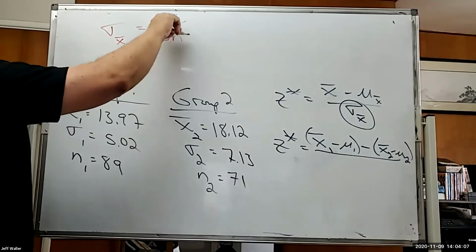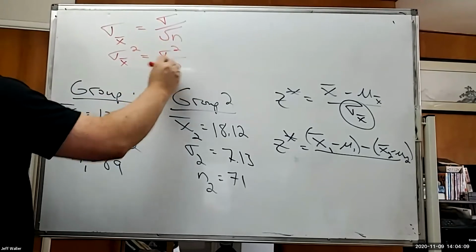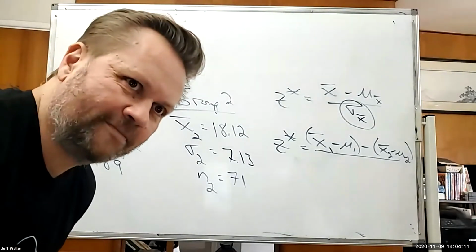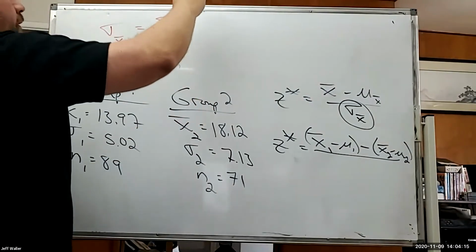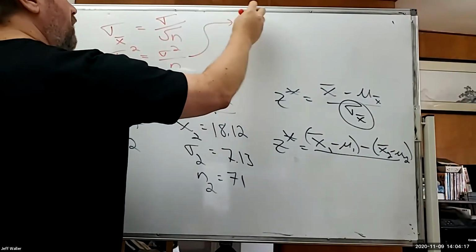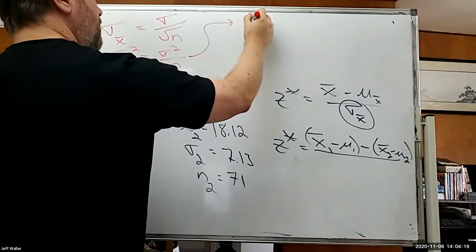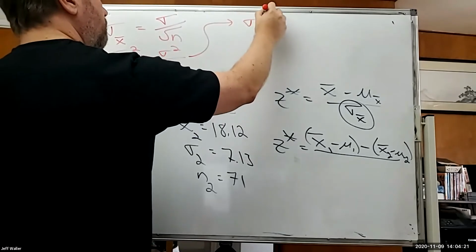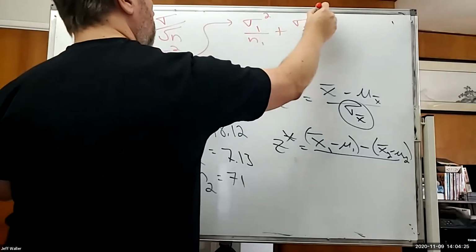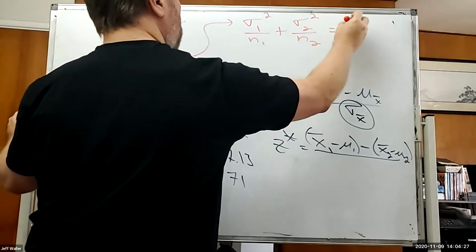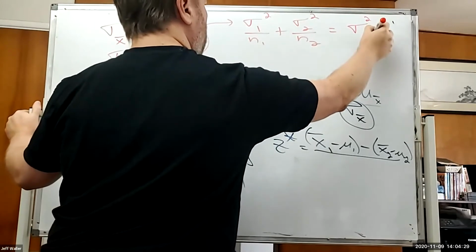That would be sigma squared over n. Is that cool? Yes. So what happens is if I double the number of sigmas and n's, I end up with this. And we normally call that our pooled variance.